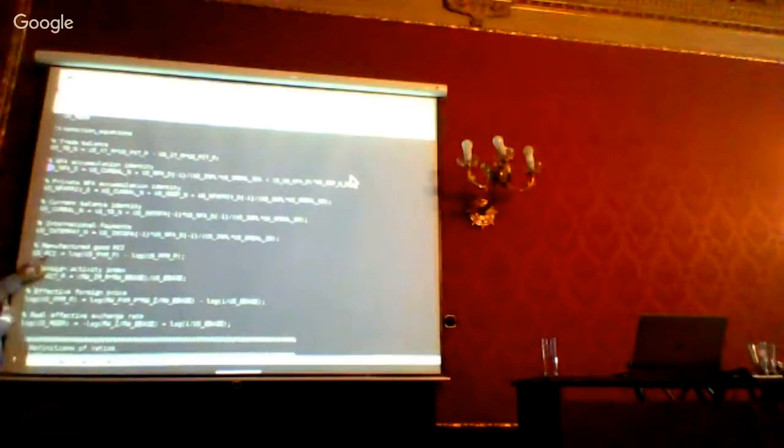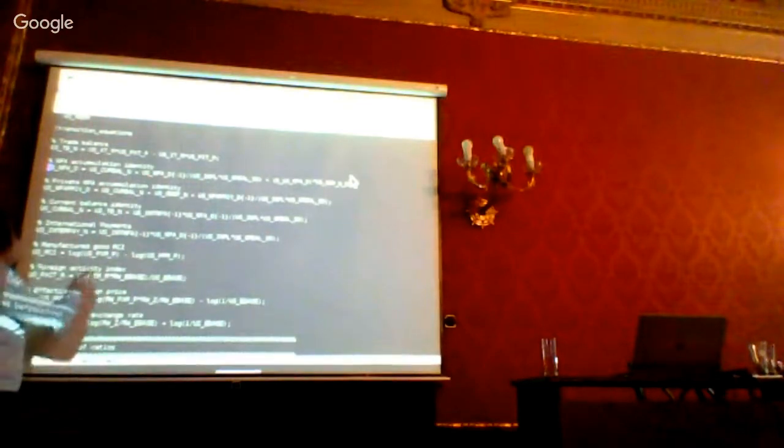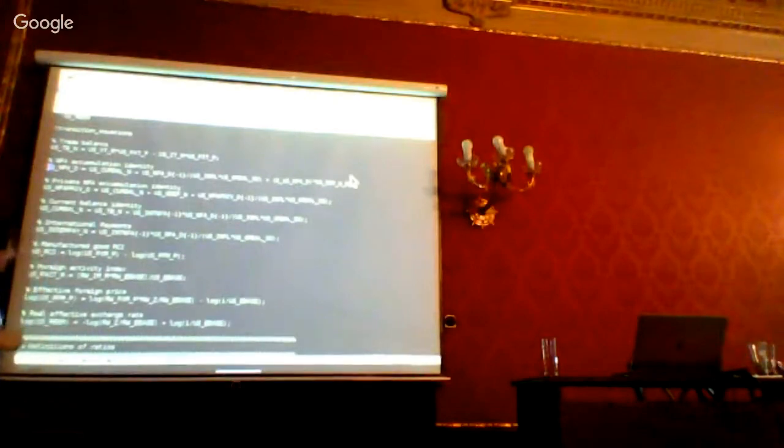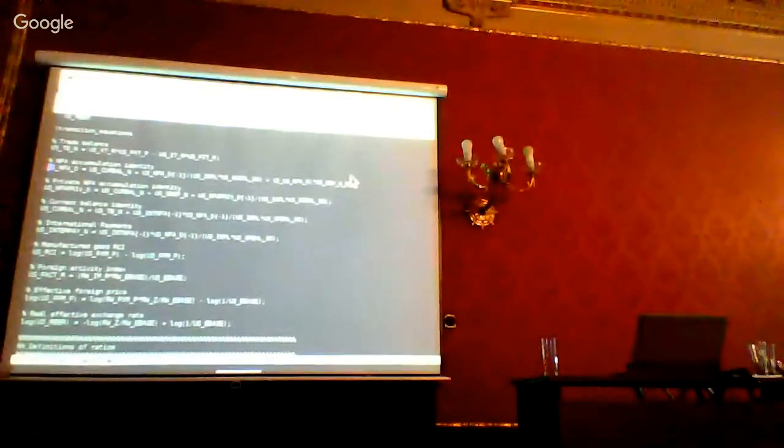Here is RCI, real commodity competitive index. It is basically the terms of trade: import price, export price minus import price. And here is the real effective exchange rate, the identity for real effective exchange rate.